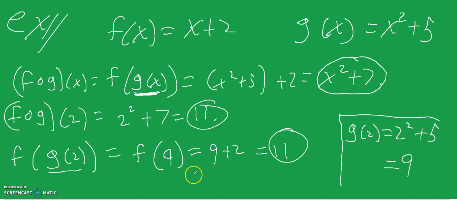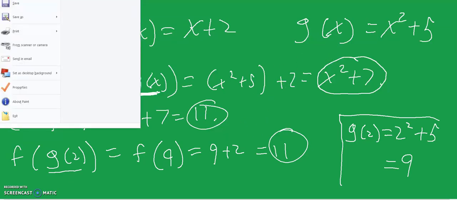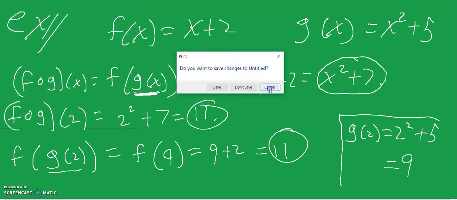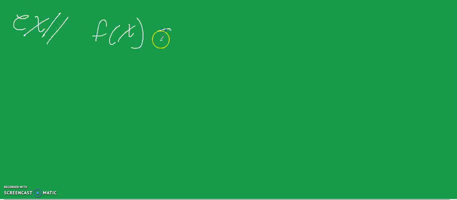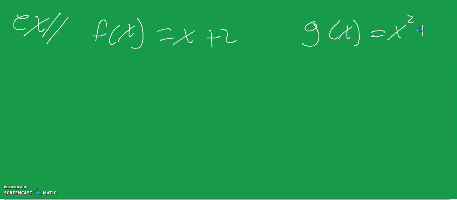Alright, so now I'm going to flip it on this next slide and do g composed with f of x. Alright, so I'm still going to use the same functions. f of x is x plus 2, and g of x is x squared plus 5.